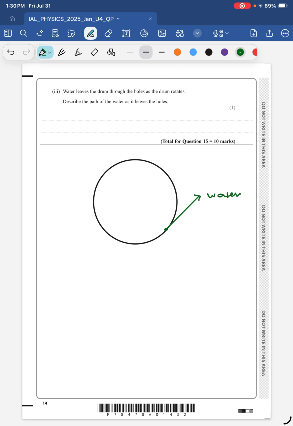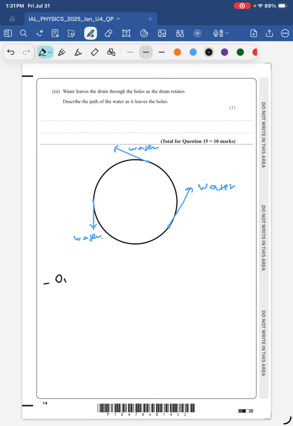So water. Actually, that's the wrong color. Let's use blue. It's water, right? So it's gonna fly off tangent to the circle. If it's at that point, it's gonna fly off in that direction. So water and water, etc. So why is that?